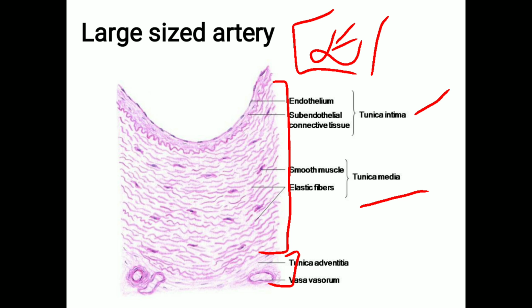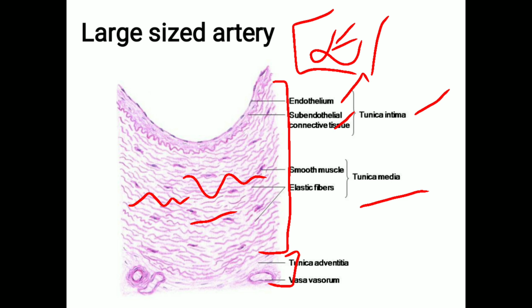Then what are the other features you can see? Okay, tunica intima consists of endothelium and subendothelial connective tissue. Then the main features you see in tunica media here: the tunica media consists of more number of elastic fibers. You can see the elastic fibers running here and there.